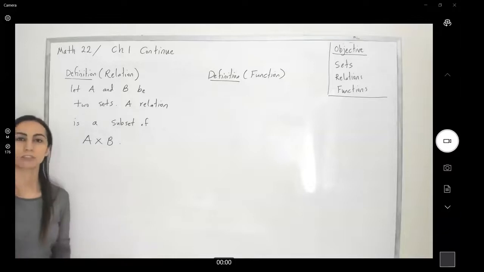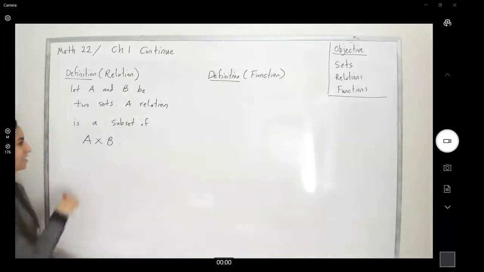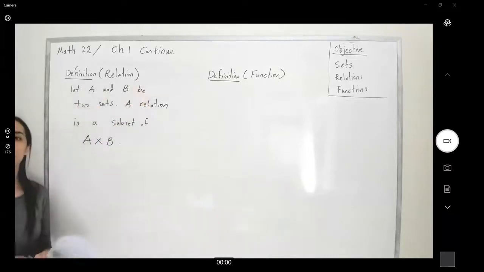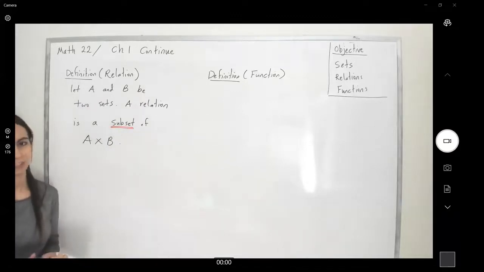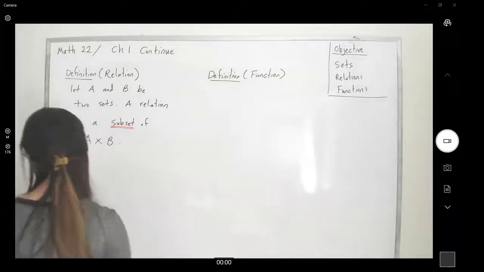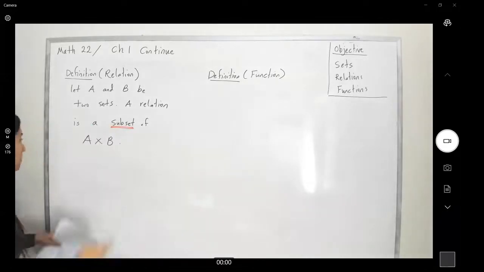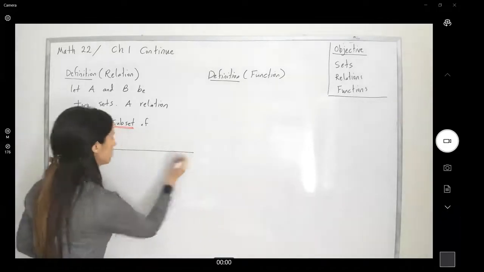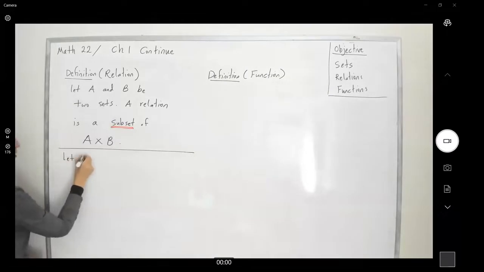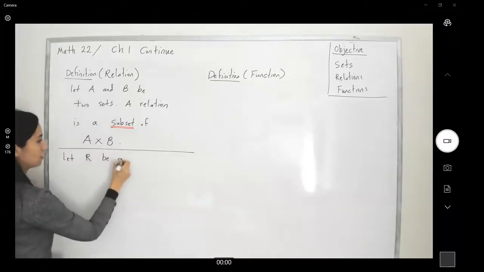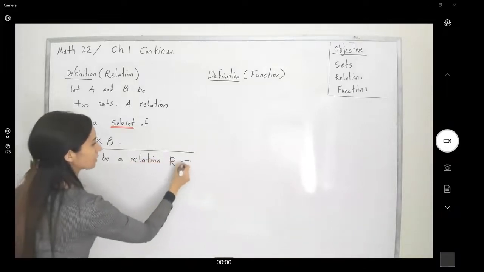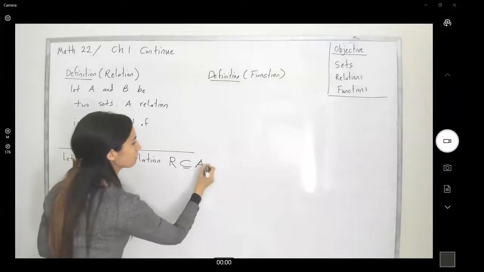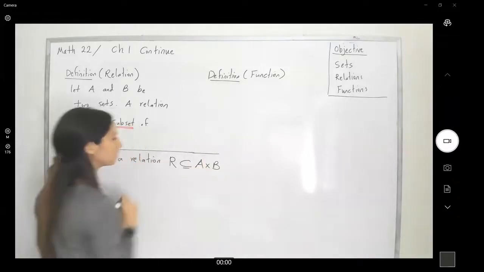Remember that Cartesian product between A and B represents points. And then we take a random subset, any subset, and we call it a relation. So let R be a relation as a subset of Cartesian product between A and B.